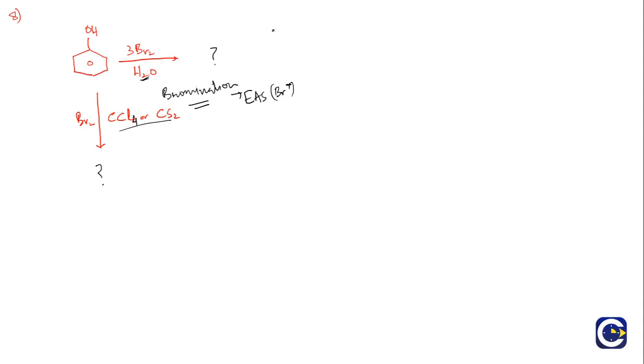So we get the tri-substituted phenol, that is, the two ortho positions are substituted by bromine, and the para position is also substituted by bromine. So we get this tri-substituted phenol if the reaction follows this pathway.